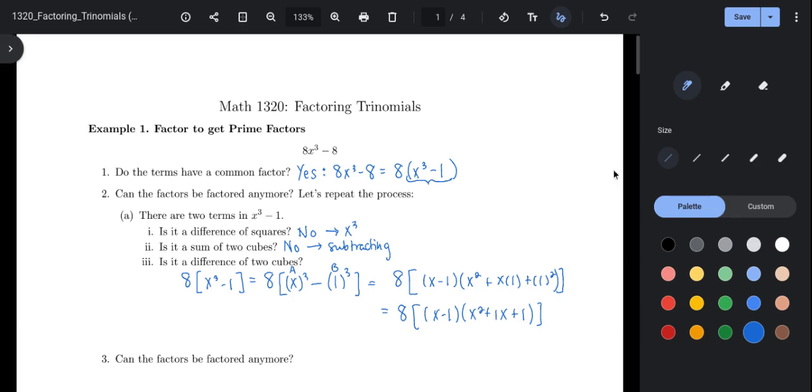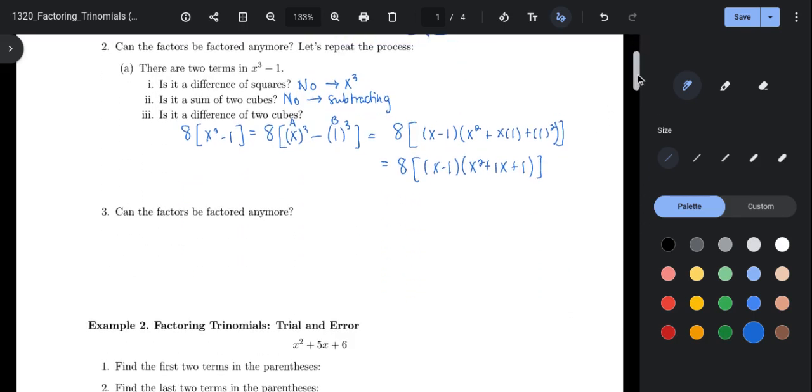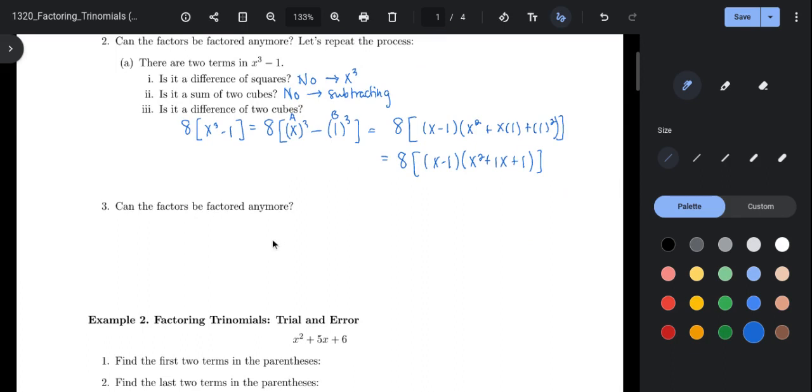So now we have to ask ourselves again, we have these new factors. Can these be factored anymore? And in this case, I'm really concerned about x squared plus 1x plus 1, because this is a second-degree polynomial that we have as a factor. And remember, a first-degree factor cannot be factored into any smaller degree polynomials. So that one is as factored as it can be. So we're done with that one.